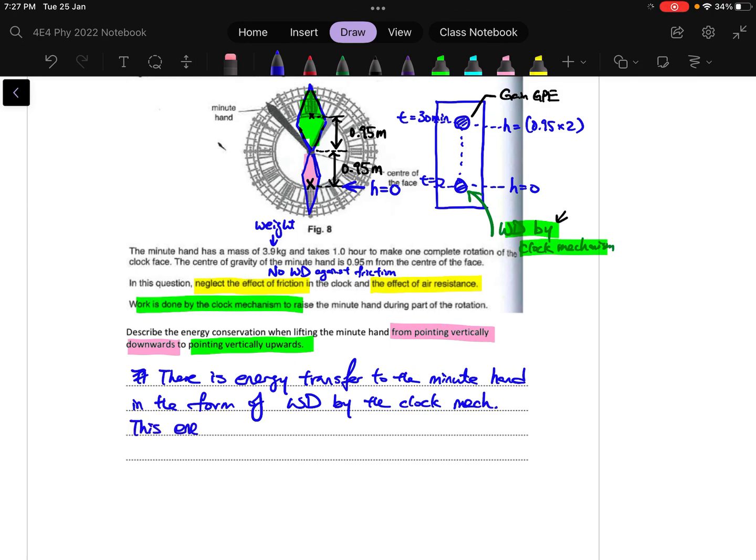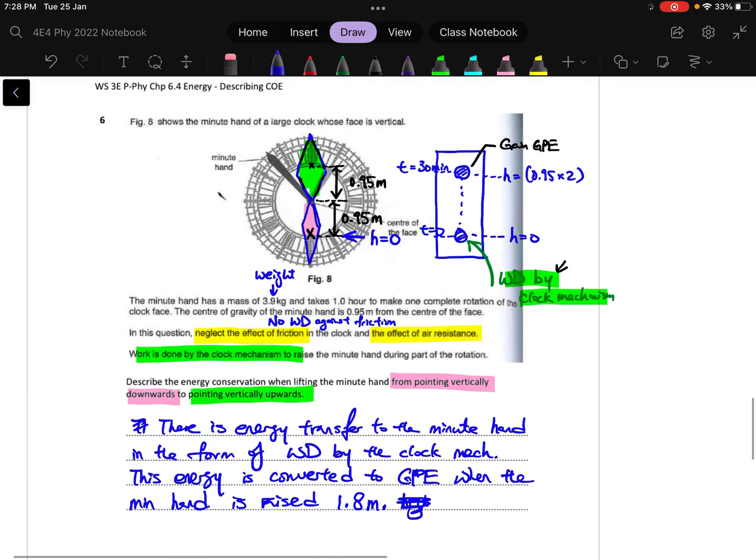This energy is converted to GPE when the minute hand is raised 0.95 times 2, that will be 1.8 meter higher. Oh, raised, that can already, done already, right?